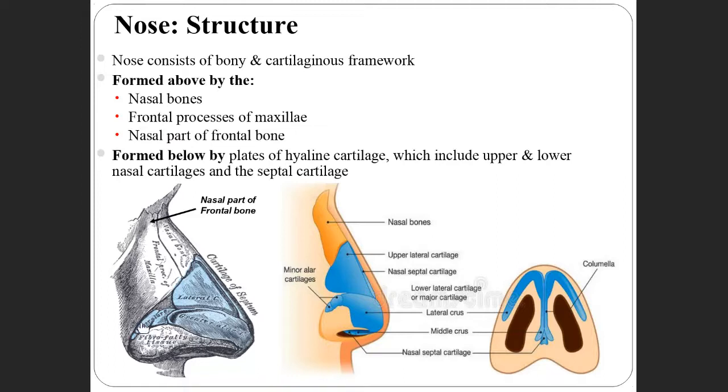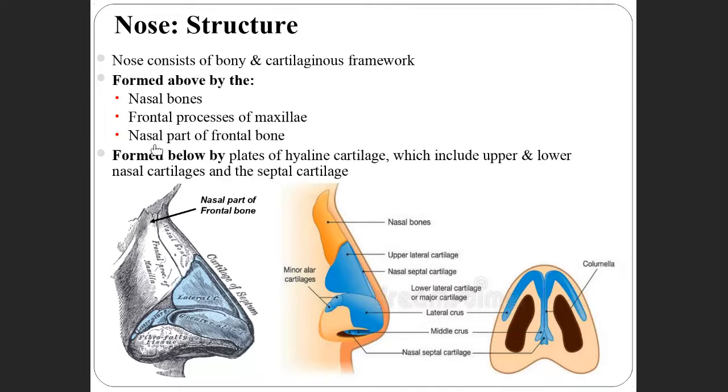That means a small process coming from the maxillary bone, the process coming in the front of the maxilla. That's why it is called the frontal process of the maxilla.